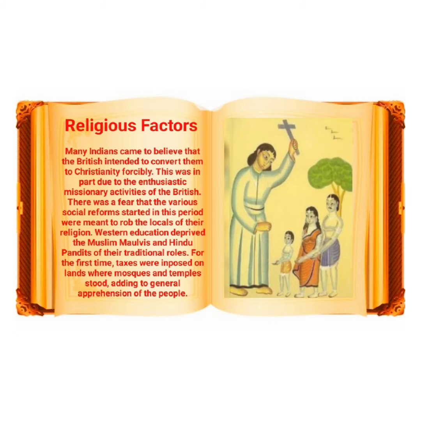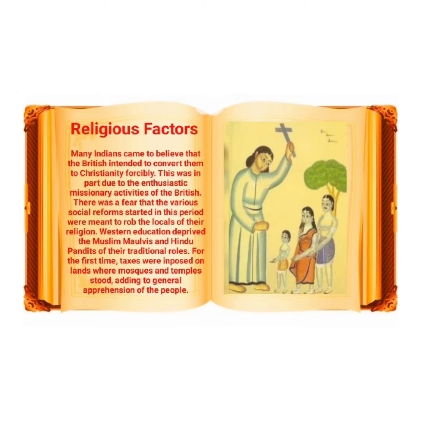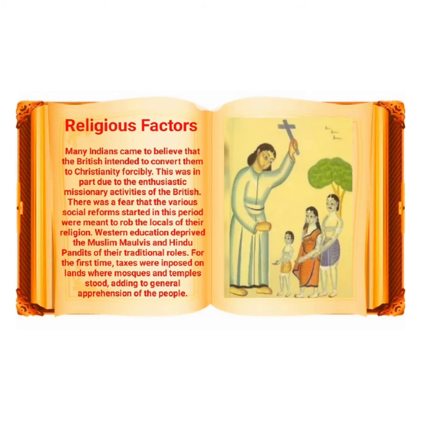There was a fear that the various social reforms started in this period were meant to rob the locals of their religion. Western education deprived the Muslim Maulvis and the Hindu Pandits of their traditional roles. For the first time, taxes were imposed on lands where mosques and temples stood, and this added to the general apprehension of the people.